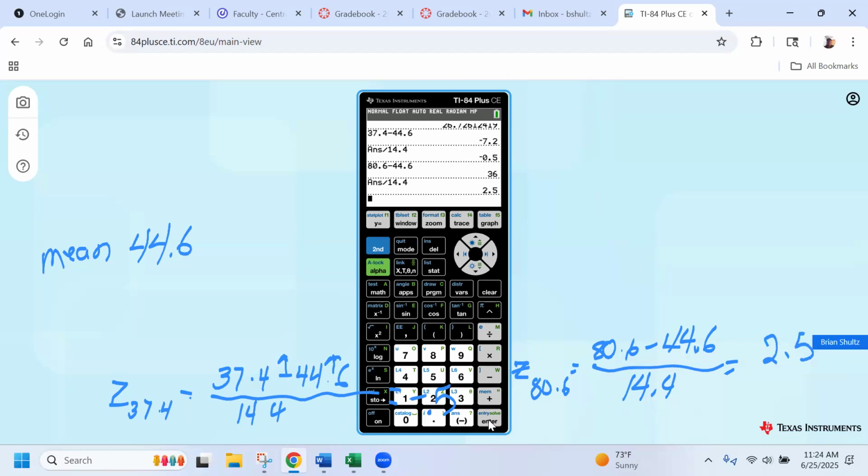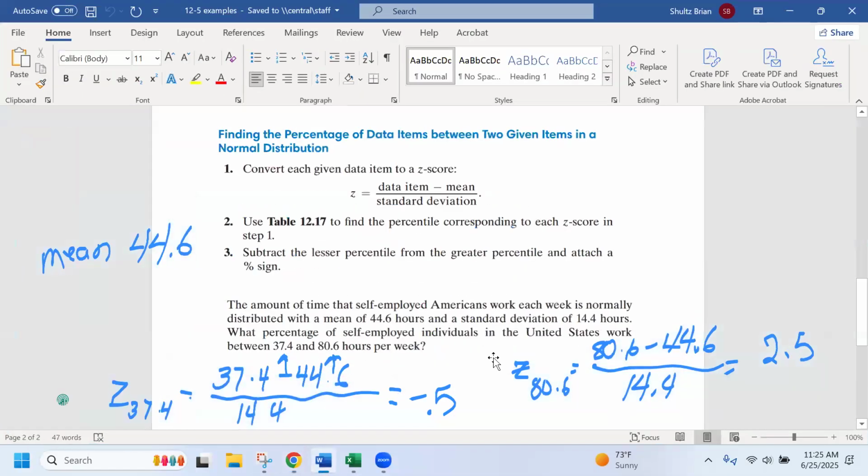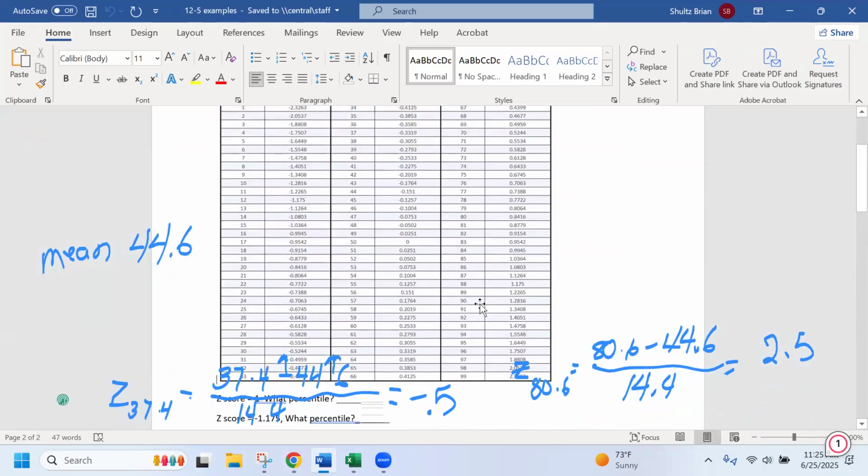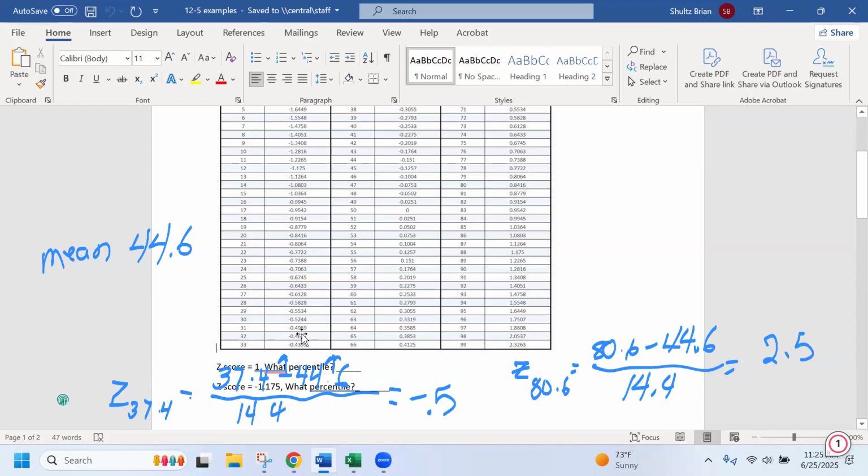Once I have my z-scores, I need to find the percentages that go with those. I'm going to come up here. I've got negative 0.5. I'm going to go up to my table here. Negative 0.5 is right here, 31.